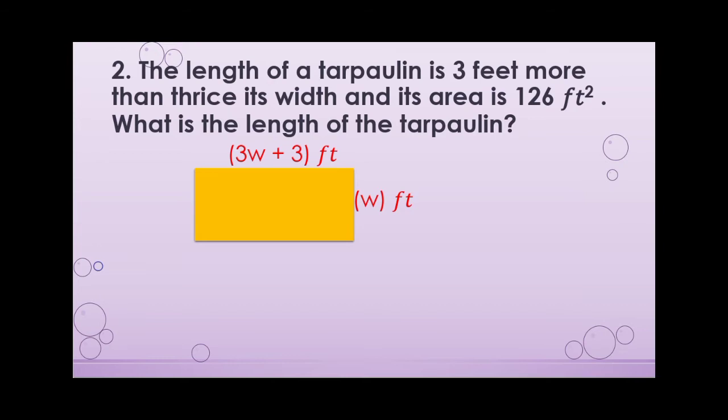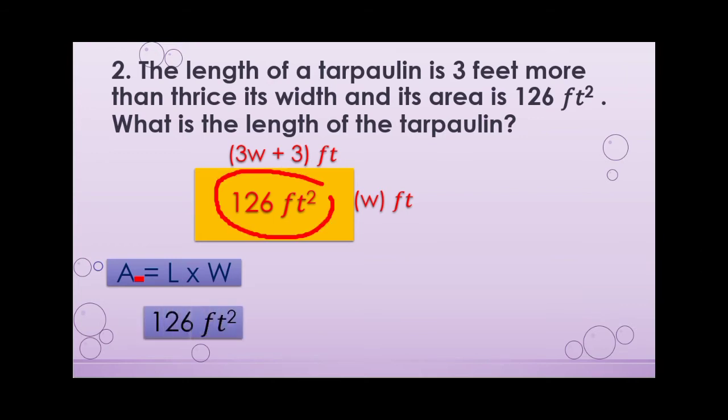Okay, and the area of the tarpaulin is given and it is equal to 126 square feet. And to solve this, we are going to use the formula A is equal to length times the width. So, A is 126 square feet.